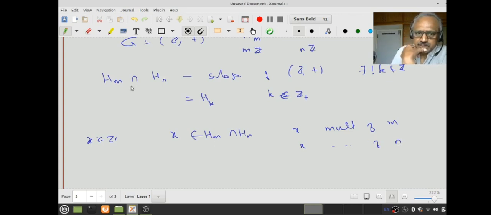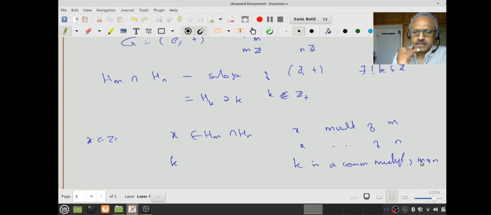In particular, this subgroup Hk contains k, therefore k must be in Hm intersection Hn. Therefore in particular k must be a common multiple of m and n. You agree? Now, if you are in high school, the moment you think of common multiple, what do you think you will think of?